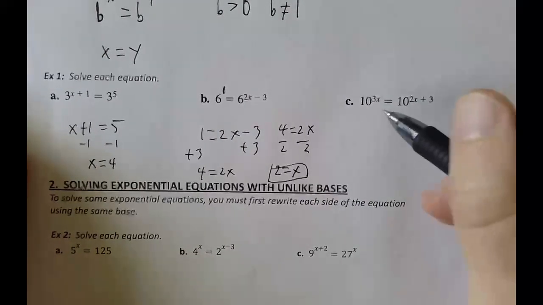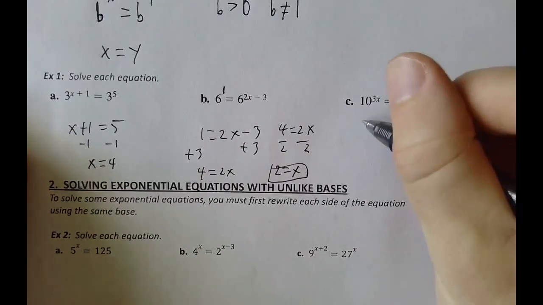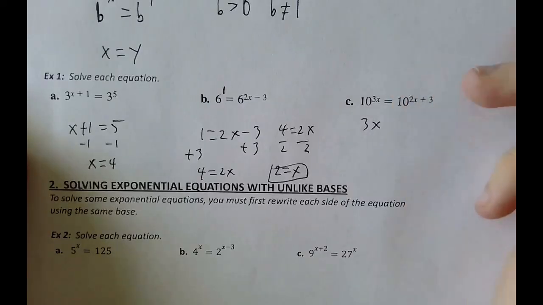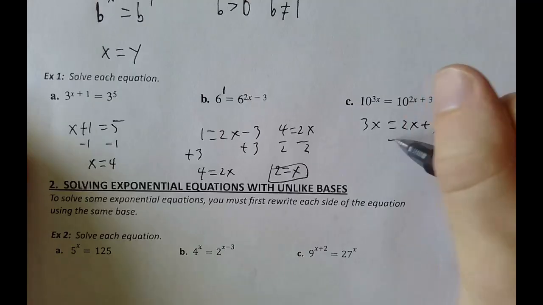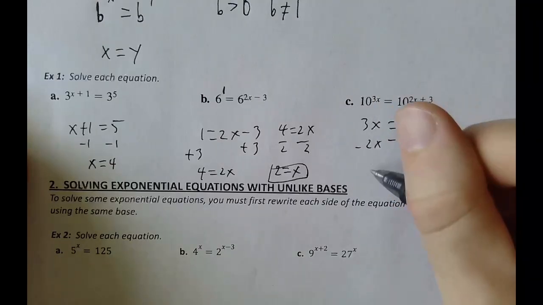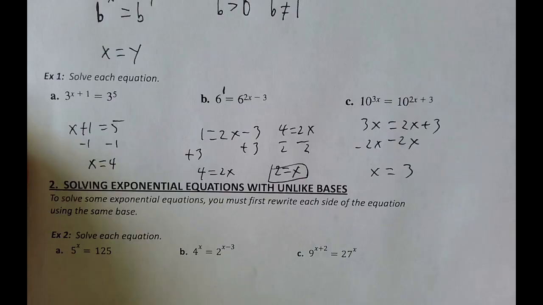Last one. Again, 3x and 2x plus 3, they must be equal because the bases are the same. 3x equals 2x plus 3, or minus 2x both sides, so x equals 3.